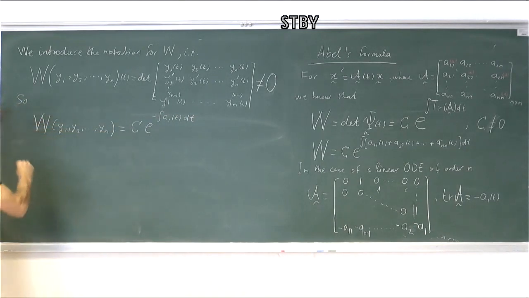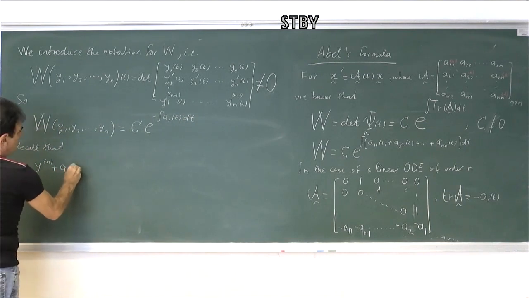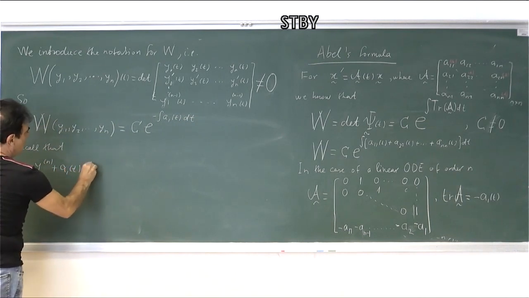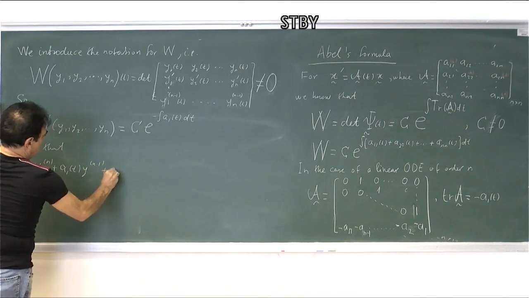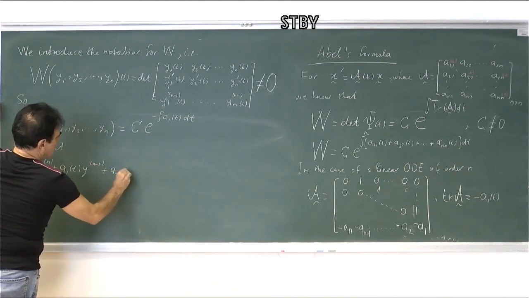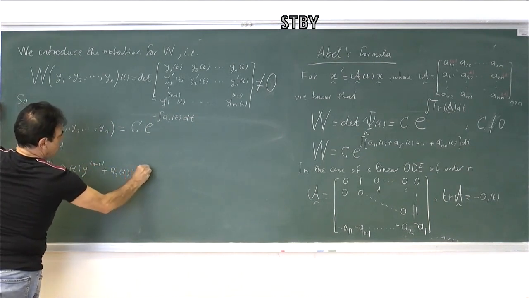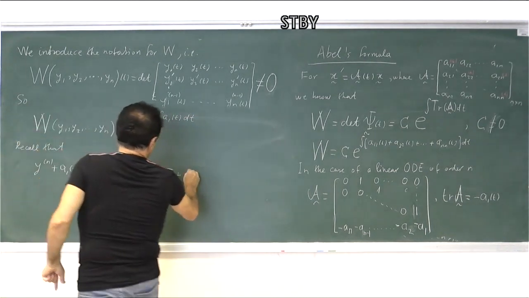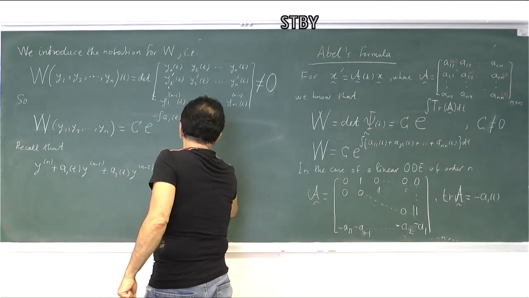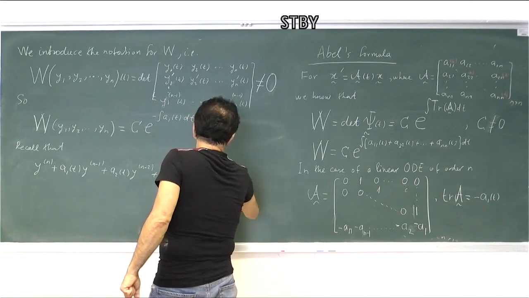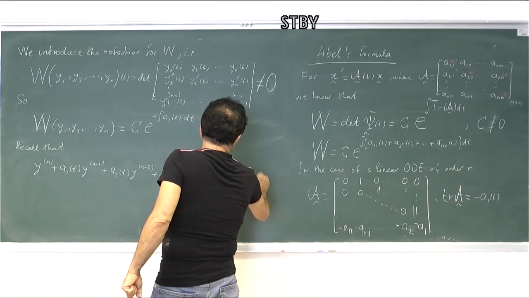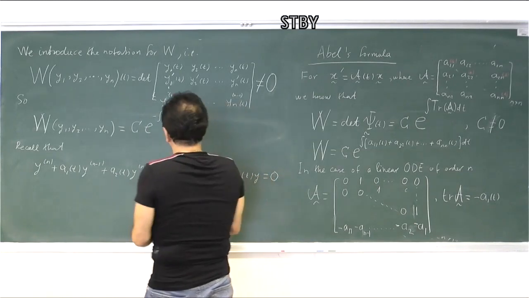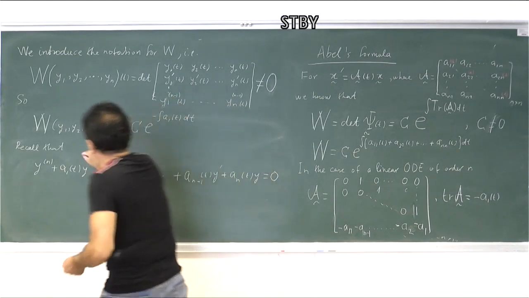Recall that our equation has this form: y^(n) plus A1 of t y^(n-1) plus A2 of t y^(n-2) plus up to A(n-1) of t y prime plus An of t y equals 0 for the homogeneous case. So what is A1?